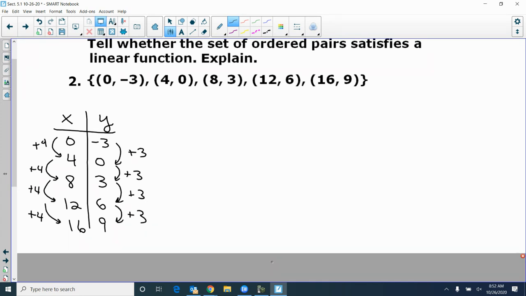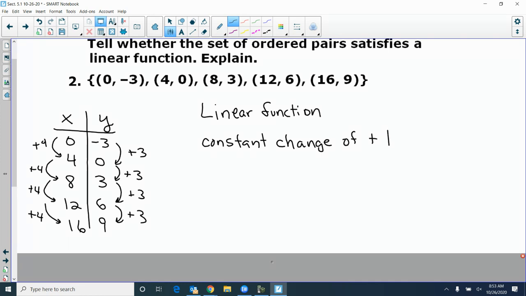Now if you plot them, it'd be linear. So this is a linear function. Constant change of plus 4 for x's, and then plus 3 for y's.